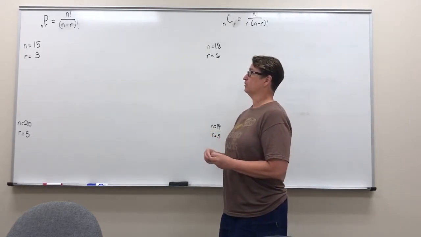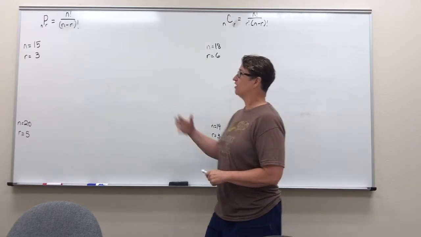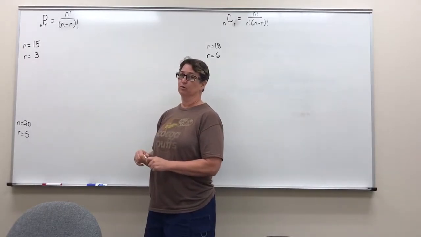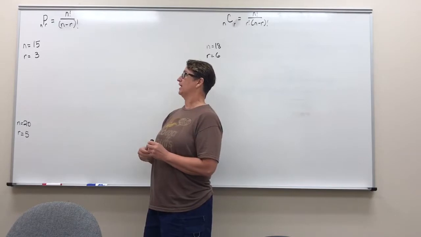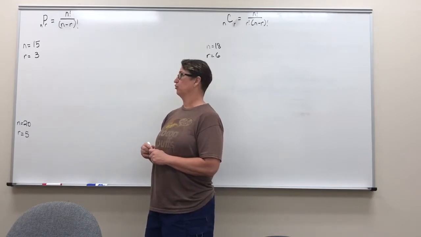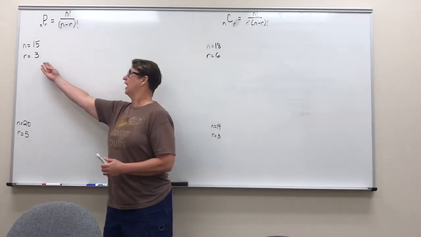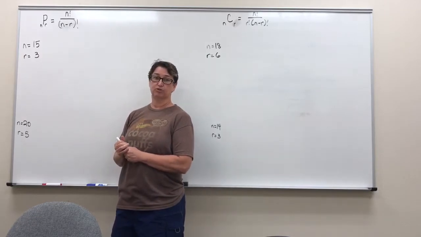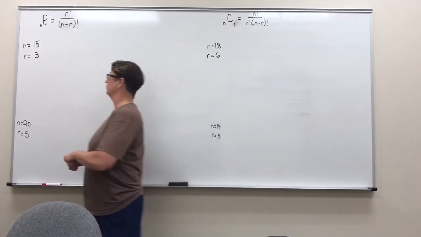So in permutation, we have our formula of n factorial divided by n minus r factorial. And here I have some numbers that I'm just going to plug into the formula.